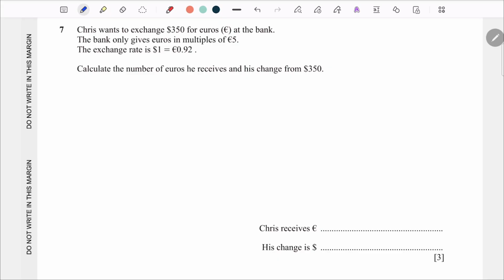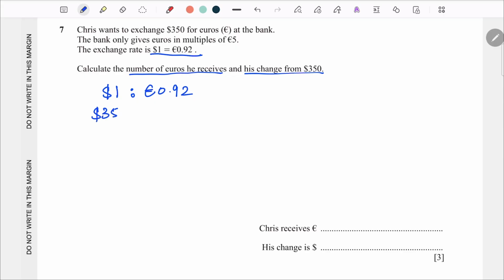Question number 7. Chris wants to exchange $350 for euros at the bank. The bank only gives euros in multiples of 5. The exchange rate is $1 is equal to 0.92 euros. Calculate the number of euros he receives and his change from 350. So the exchange rate is $1 is equal to 0.92, and he wants to exchange $350.